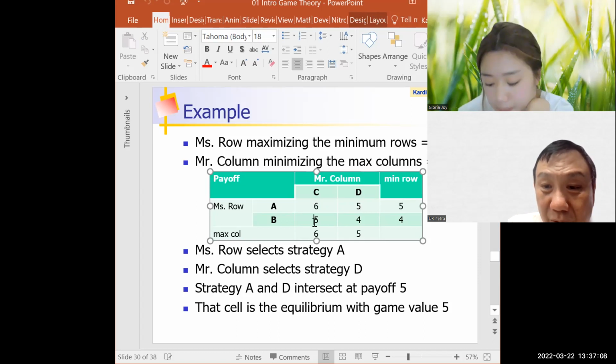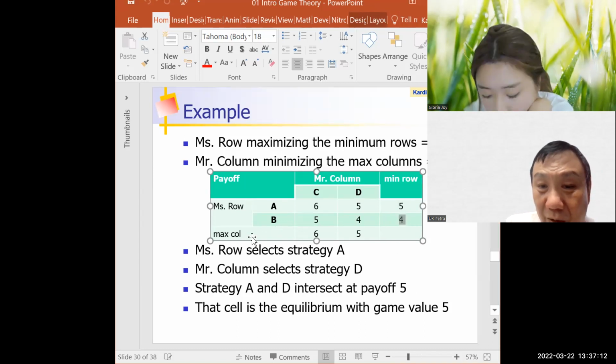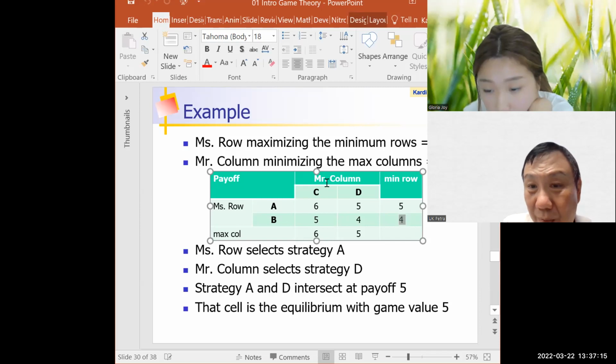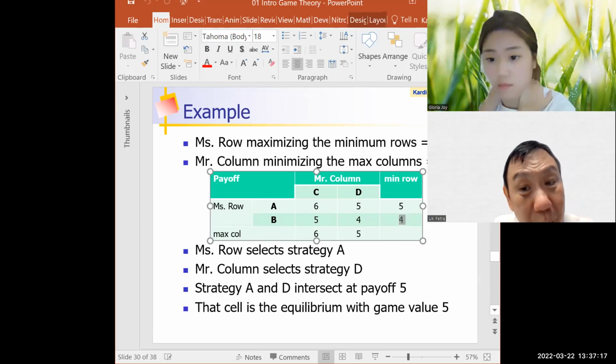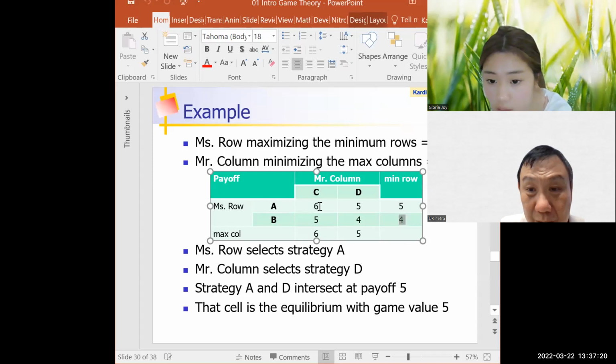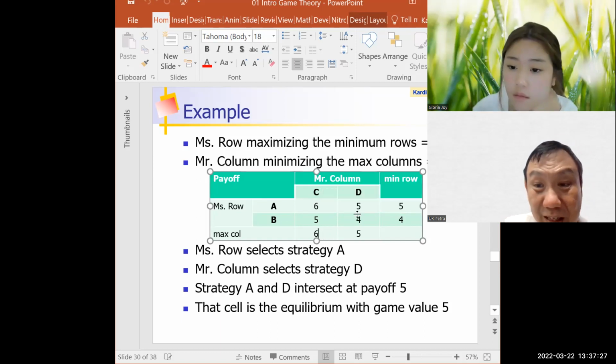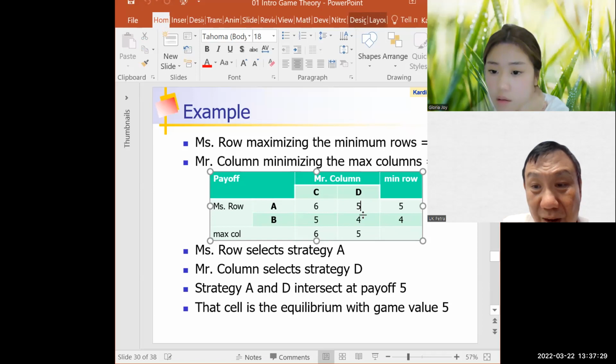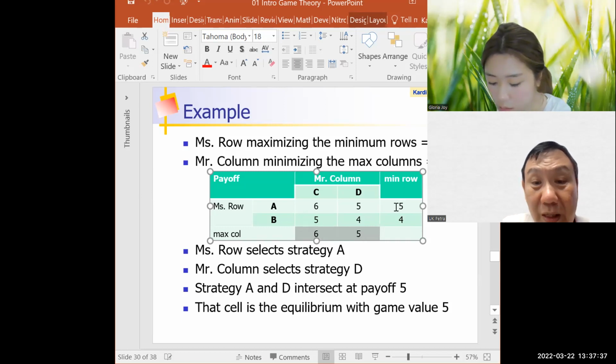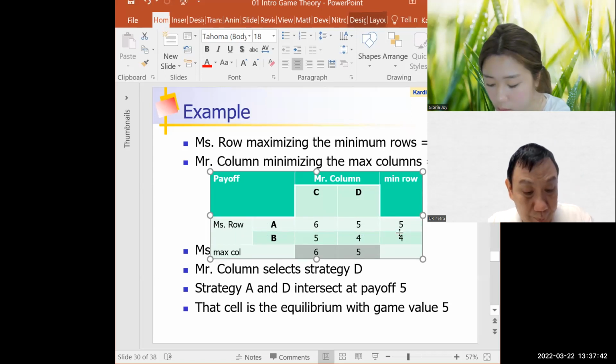Between 5 and 4, what is the minimum? 4. And then Mr. Column will minimize the maximum of each column. Between 6 and 5, what is the maximum in the column? 6. Between 5 and 4, what is the maximum? 5. And then he will take the minimum among these two. Miss Row will maximize among these two.